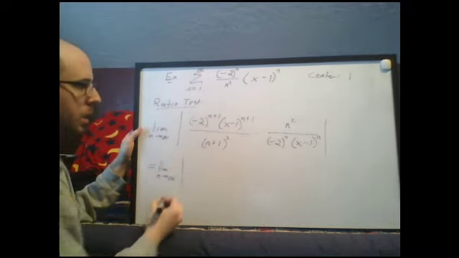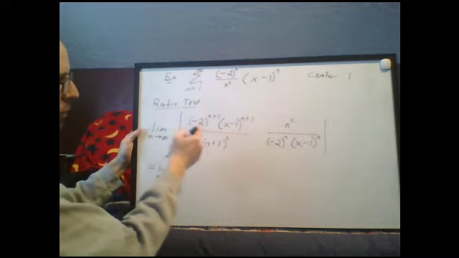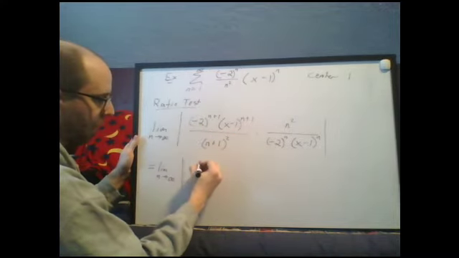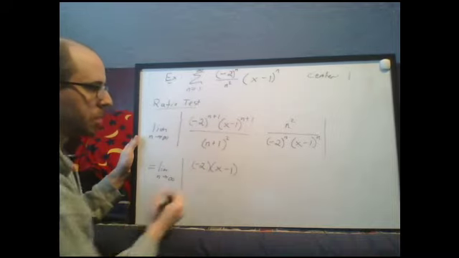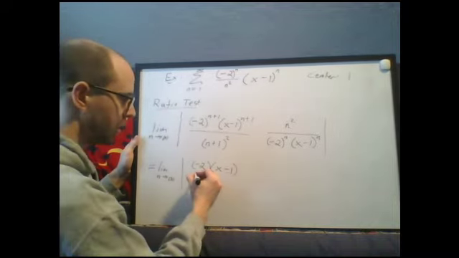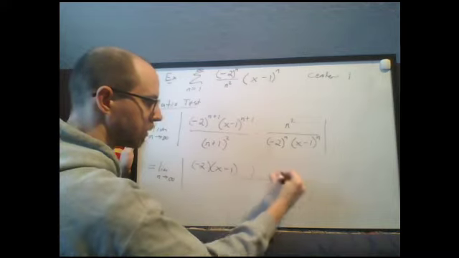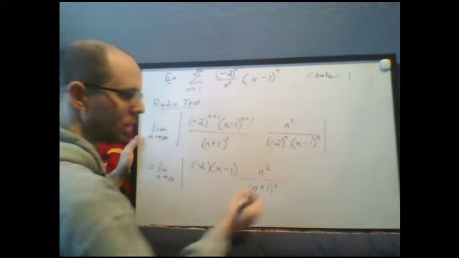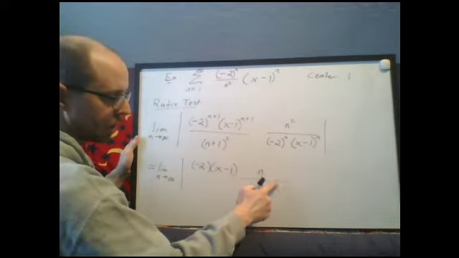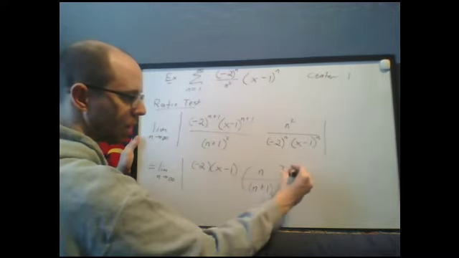Then we cancel. There's one extra negative 2 on the top, and one extra x minus 1 on the top. Then I've got n squared over n plus 1 squared.